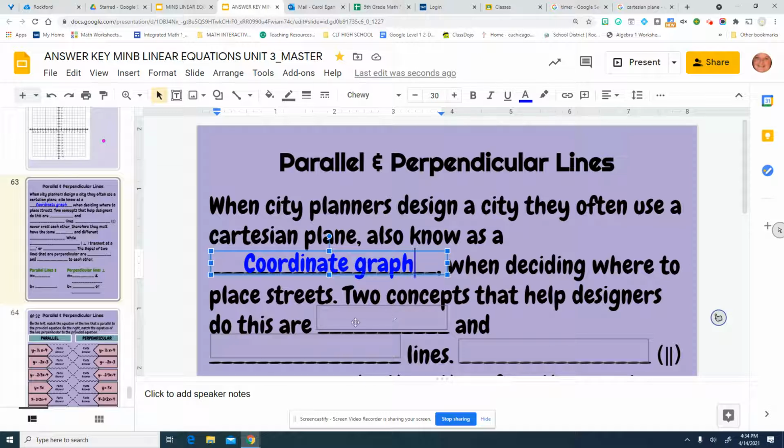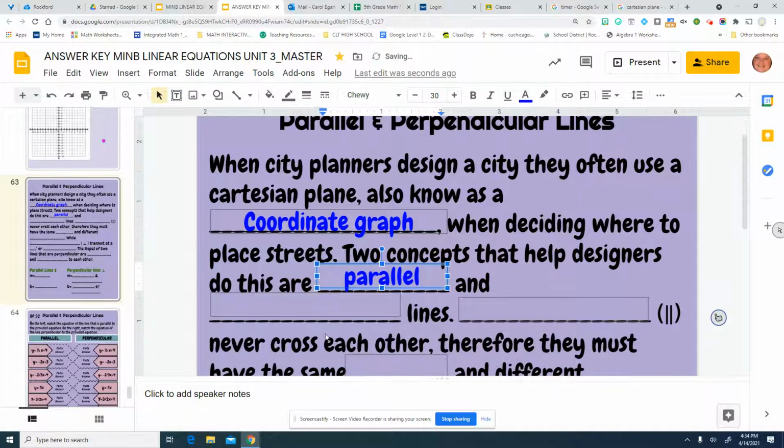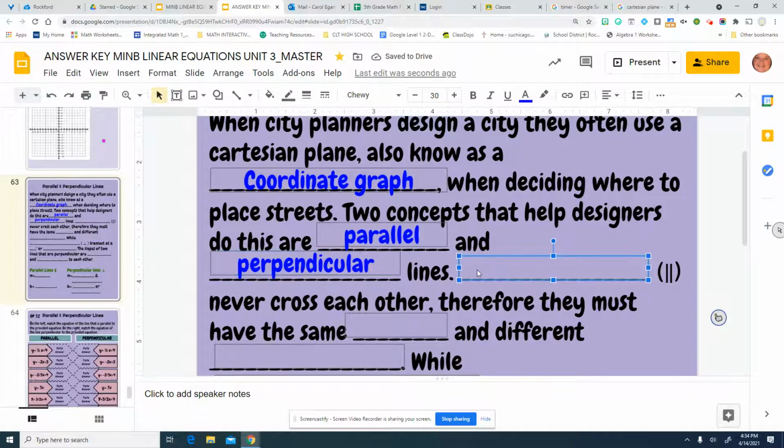So 2 concepts that help designers do this are parallel and perpendicular lines. We should know that parallel lines never cross one another.